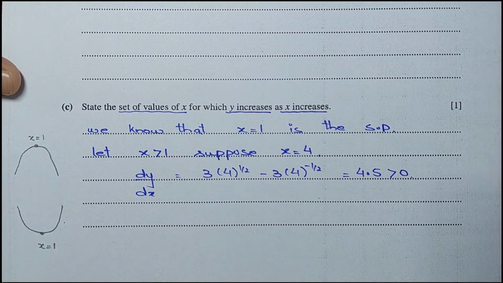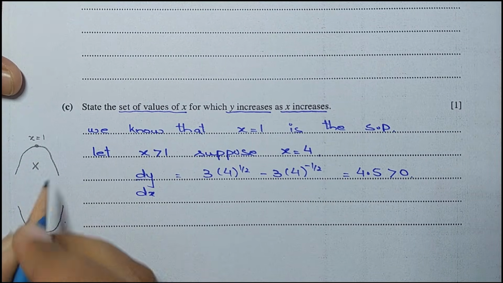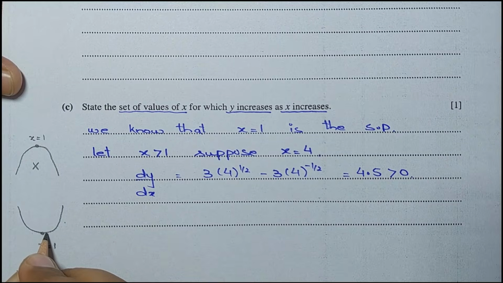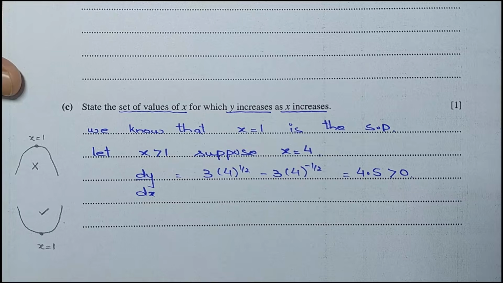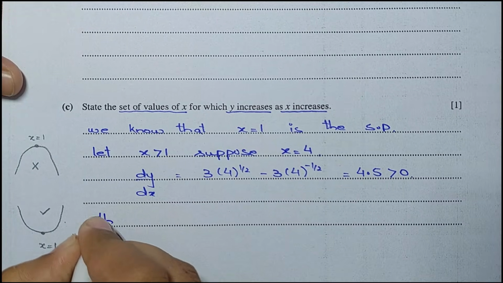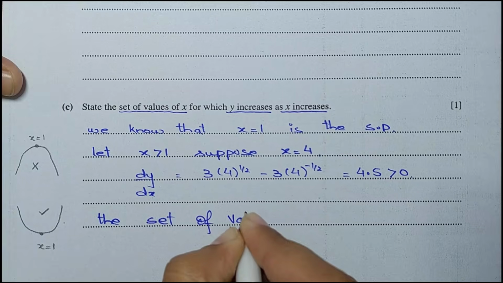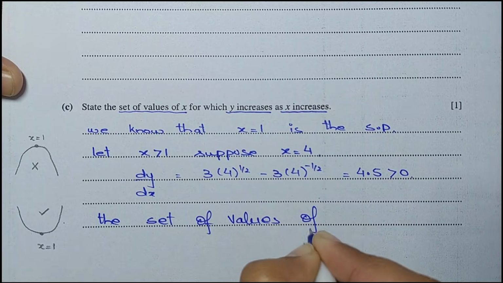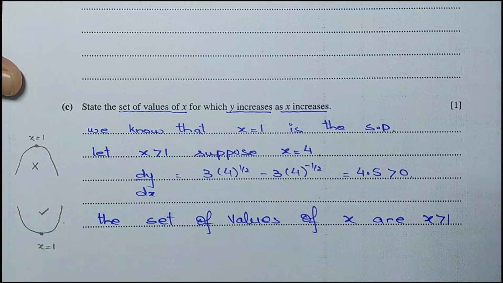So this is not the case, we are not considering this case. In this case x is decreasing, right? And in this case x increases and y increases. So this is the only case, right? So the set of values of x are x greater than 1.